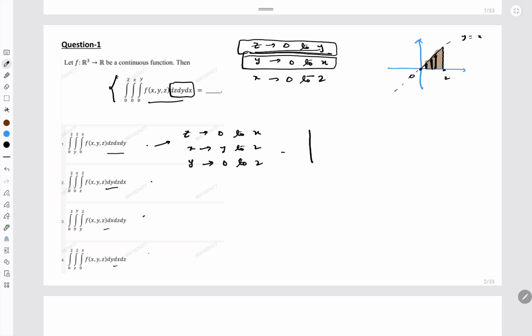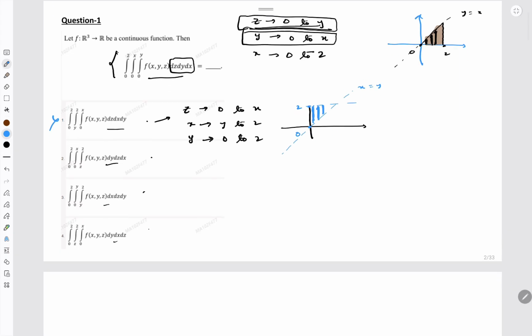If I draw this region, y is ranging from 0 to 2, and x is ranging from y to 2, so x equal to y is the line, and from y it ranges to 2, like this. The strip is like this, and we have to move it like this. So the region, as you can see, is not the same, right? So this option is eliminated straightaway.